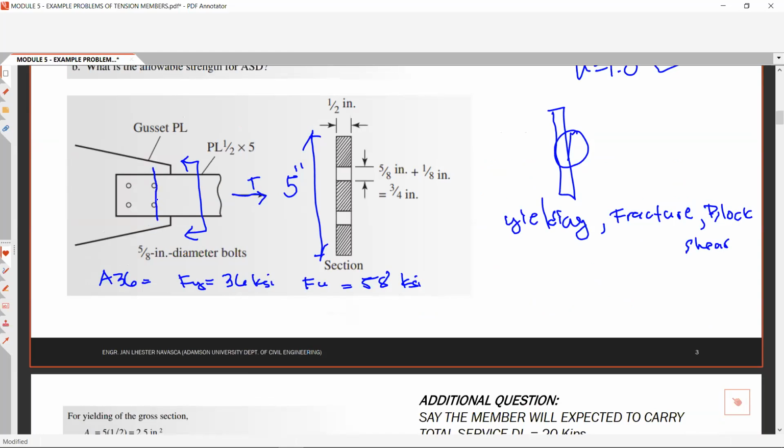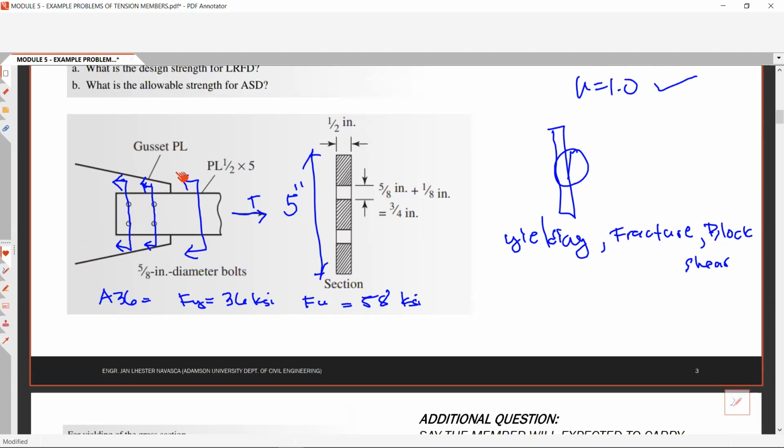Take note that fracture only happens within the bolts. You can choose between this section or this section. Since they have the same distances, they have the same net area.